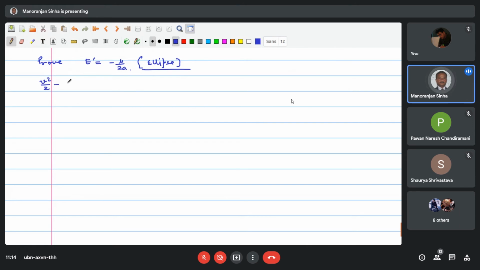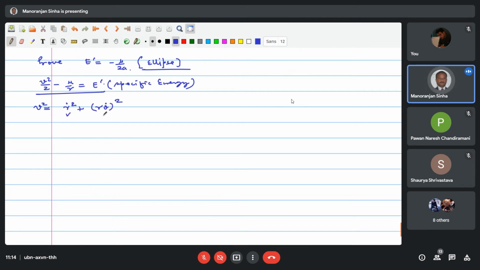So our basic equation remains the same. We need to start with writing V square is equal to r dot square plus r times theta dot whole square.